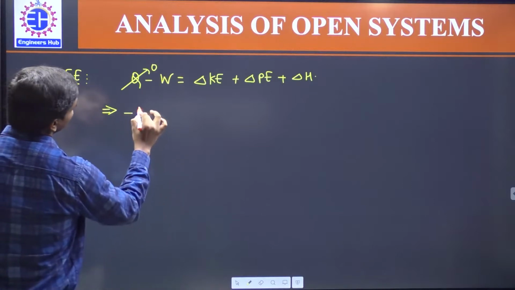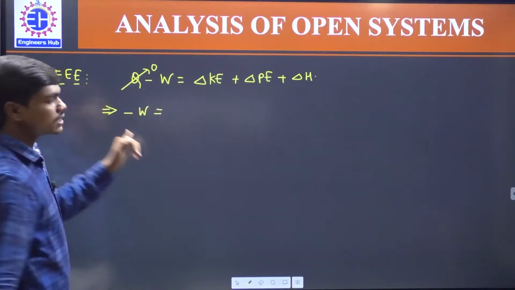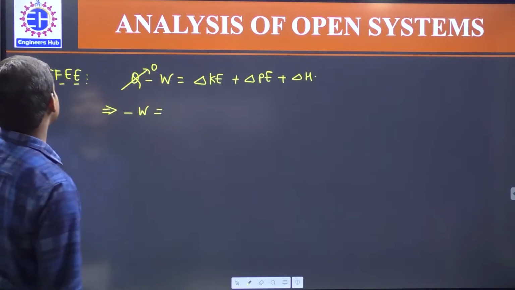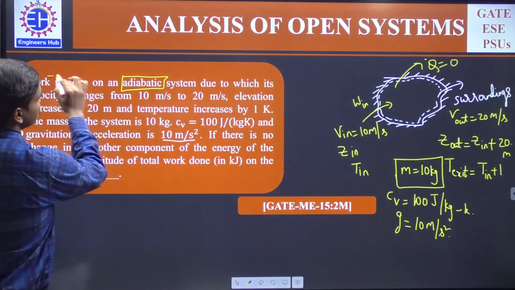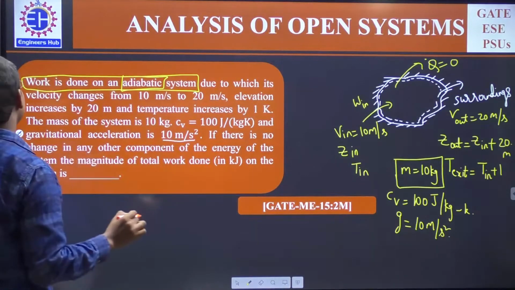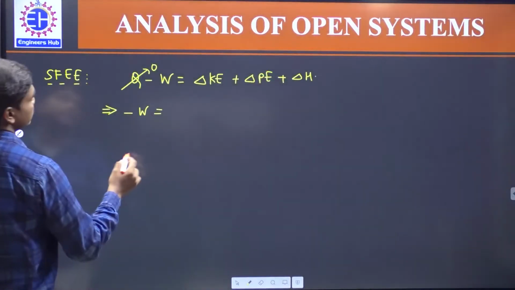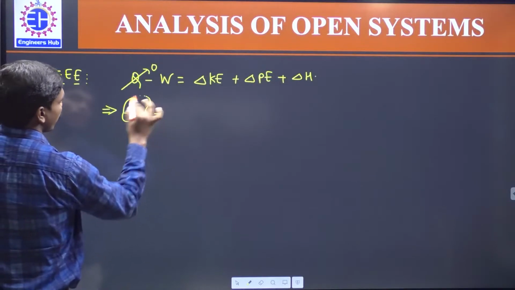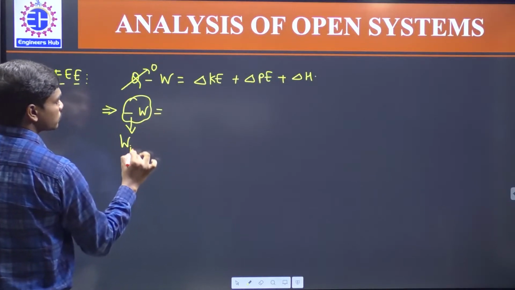So minus W is equal to... this minus W, we assume that the work is done by the system, but it's clearly given work is done on an adiabatic system. Means if work is done on the system, you can straight away write this minus W as work input.